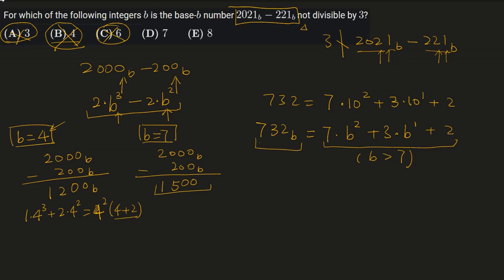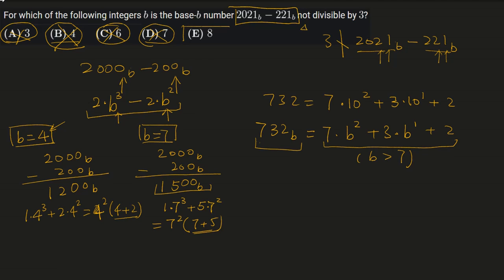Then what is this quantity in base 10? That is 1 times 7 cubed plus 5 times 7 squared, and that equals 7 squared, we factor that out, times 7 plus 5. This is 12. Therefore, the whole expression is divisible by 3. So D is out.